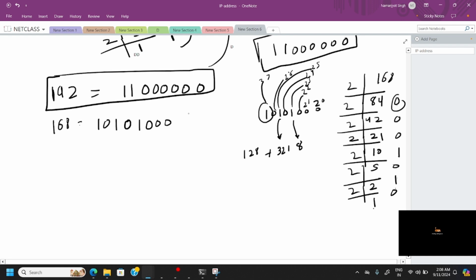So you do the addition of this, simple addition, and you get 168. So this is it.